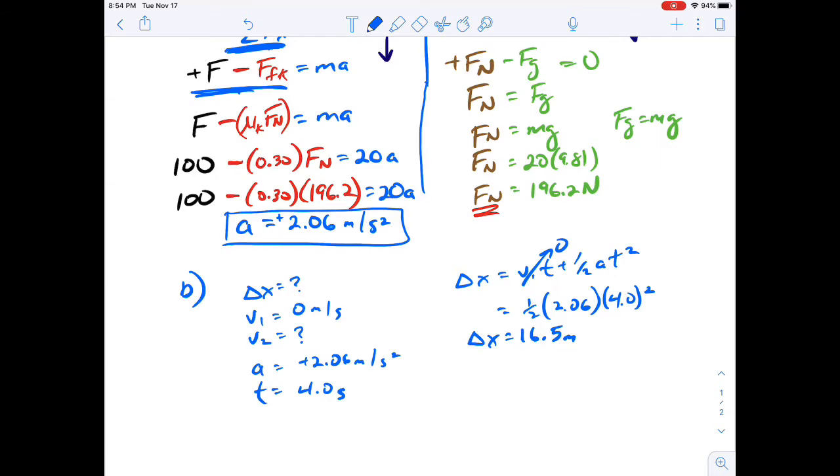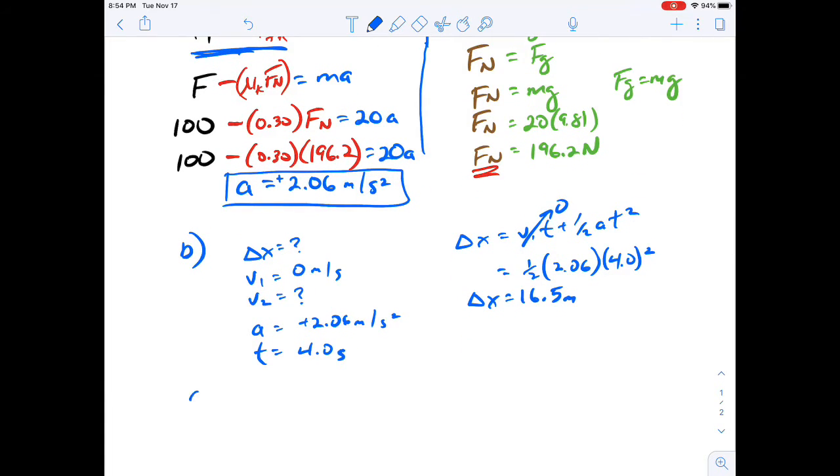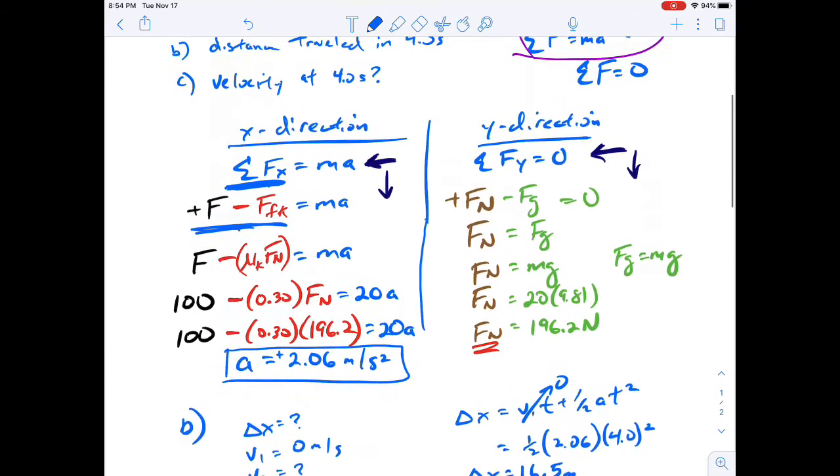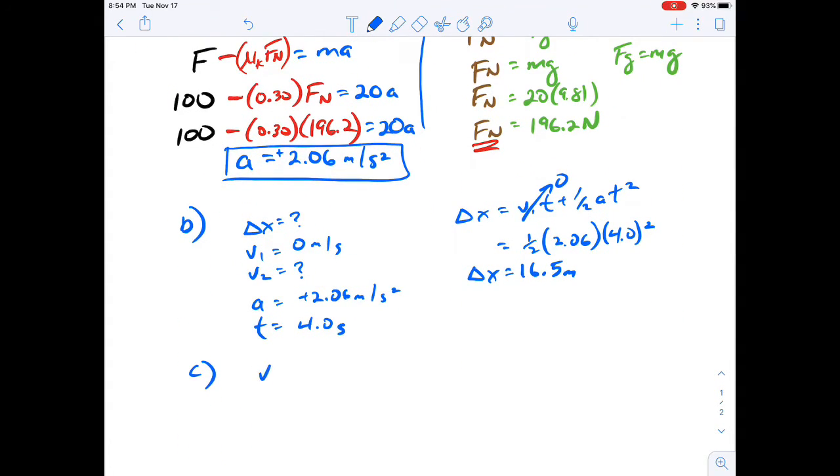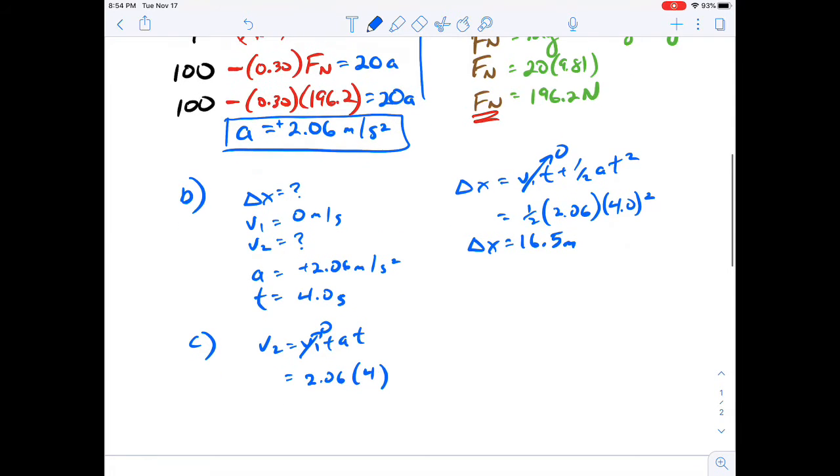So that's part B. And then part C, we do want to know the velocity at 4 seconds. And I would probably just go like this, and we know this is 0. So we can take that 2.06 and multiply it by 4.